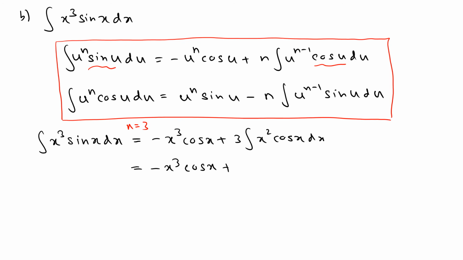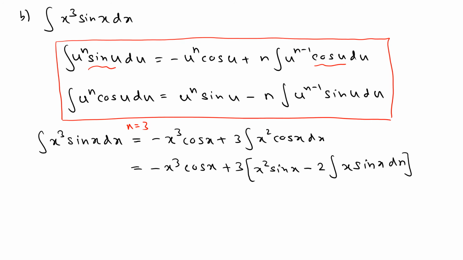3 times, so I'm going to put it inside a bracket. Now let's use the second formula. With the second formula, it's going to be x squared, the other type, so sine x, minus 2 times the integral of x sine x dx. I'm not going to add the c yet.